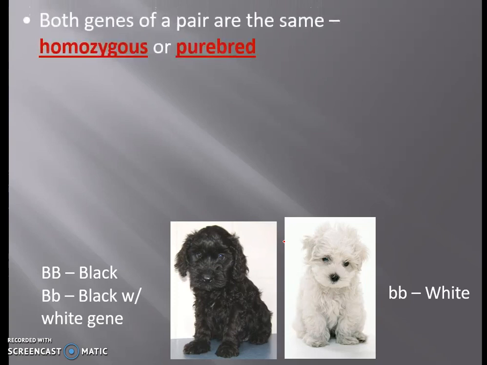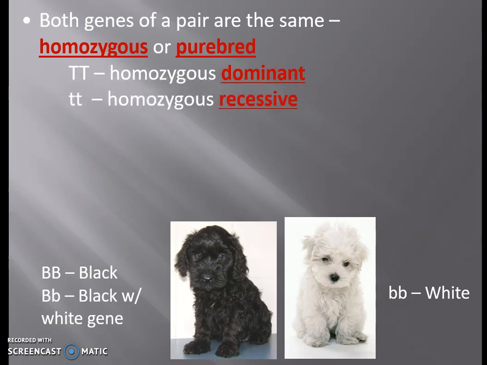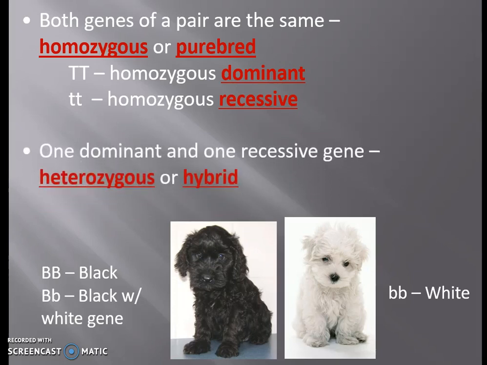And let's talk about homozygous and heterozygous. When both genes of a pair are the same, they are called homozygous or purebred. In that case, for the dominant one it is going to have two capital T. And if a recessive shows up, it is going to be homozygous with the two lowercase alleles. So one dominant and one recessive, how is it going to show?